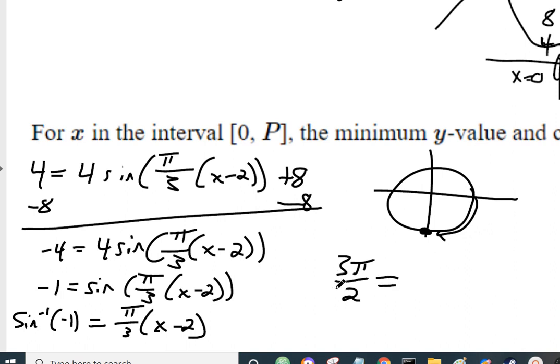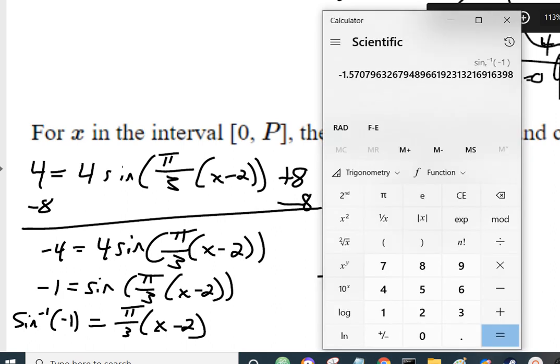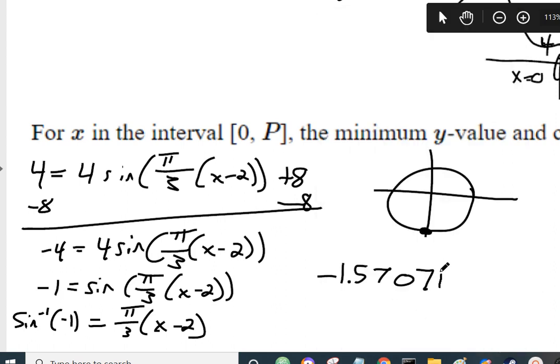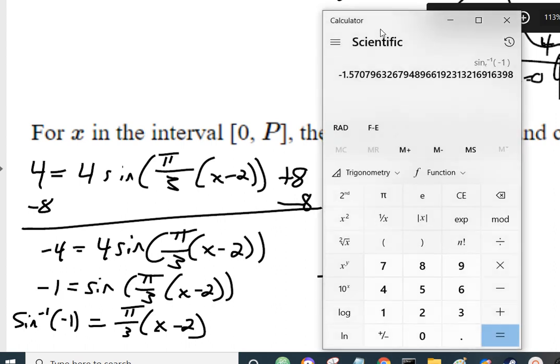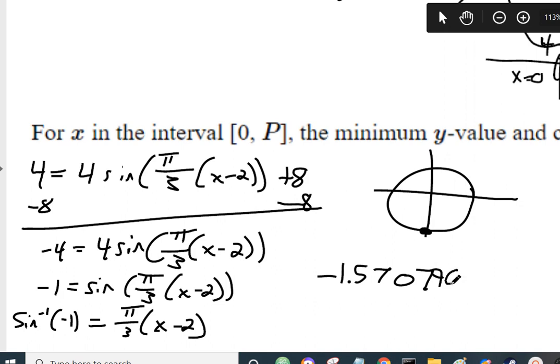You could just actually plug in your number here. Let's actually do it the calculator way, because they're both going to eventually get you to the right answer, but you have to do an extra step if you stick with what the calculator gives you. Negative 1.5707. I just carry a bunch of decimals to make Mobius happy. Negative 1.570796.